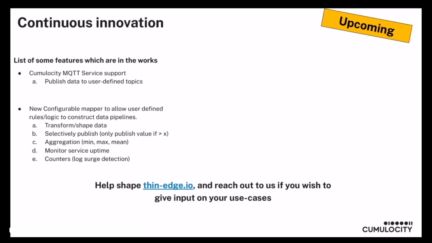So again, that's one of the advantages of ThinEdge. We take care of this Cumulocity integration for you, so you can just use the local API on your device, and it's very easy to consume. The other big highlight feature is we're looking into a new configurable mapper. That's a fancy way of saying that we've seen a lot of users have the use case where they want to define some user-defined rules to do some data shaping or transformation on the edge.